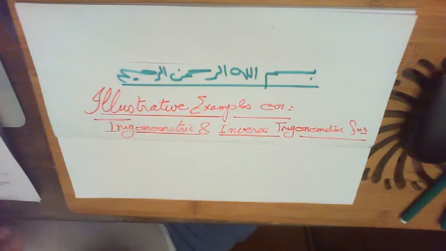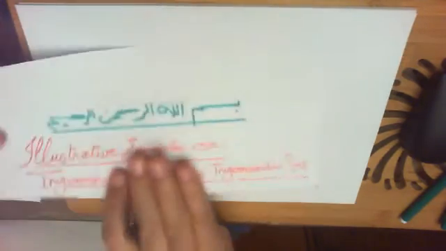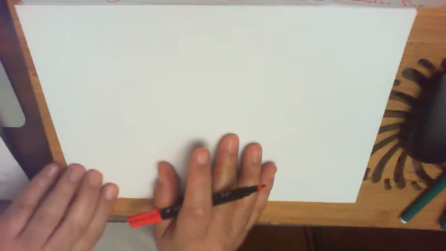The first thing is the trigonometric ratios of the most famous angles we meet in our real life.